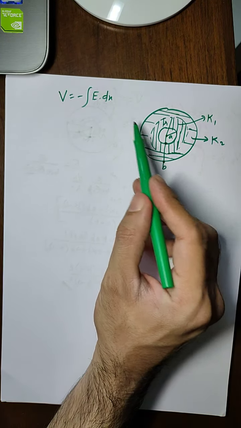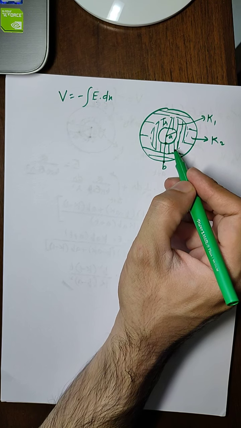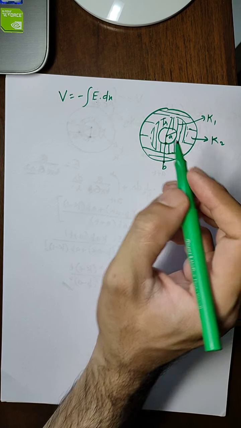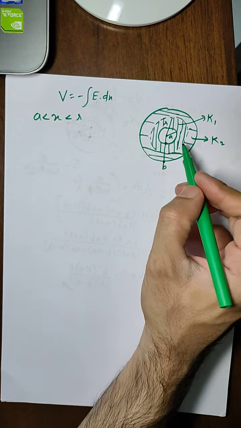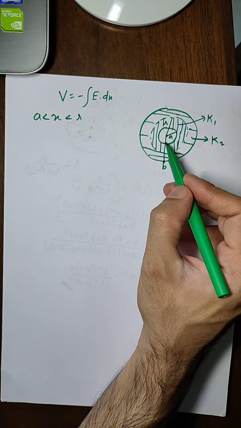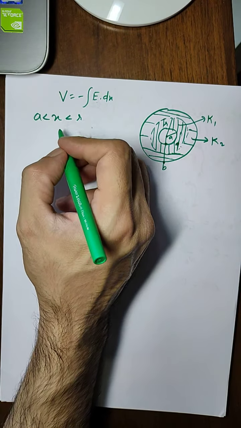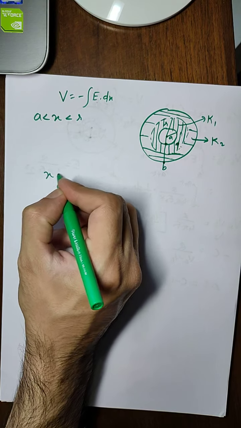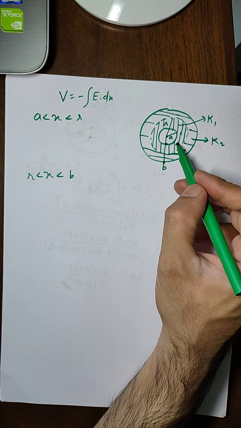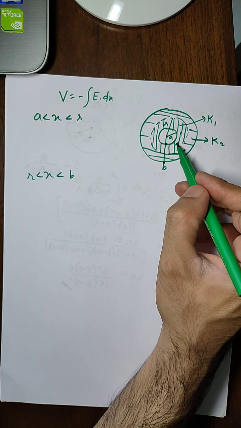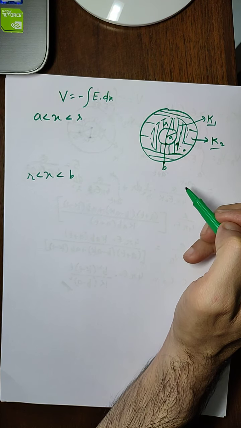Then we have to divide this electric field into two parts, for the point X. So X is between A and R, an imaginary point somewhere here, and then X between R and B, in this system. So the first potential that we have to calculate is because of the dielectric K1, and the second potential will be because of dielectric K2.